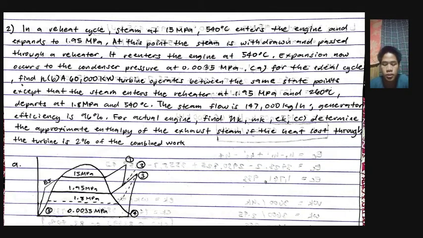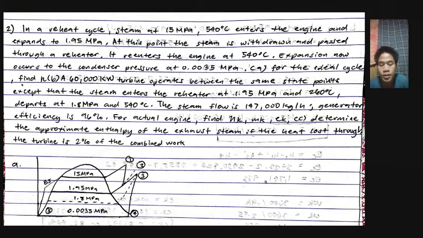except that the steam enters the reheater at 1.95 MPa and 260 degrees Celsius, and departs at 1.8 MPa and 540 degrees Celsius. The steam flow is 147,000 kilograms per hour. Generator efficiency is 96%.